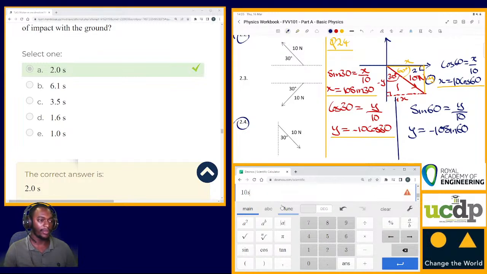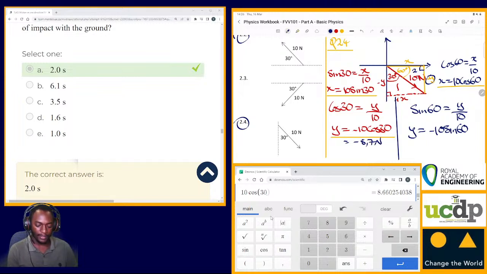We'll just do it for y because we have already demonstrated this earlier on. 10 cos 30, it's 8.7, so it's going to be negative 8.7 newtons.